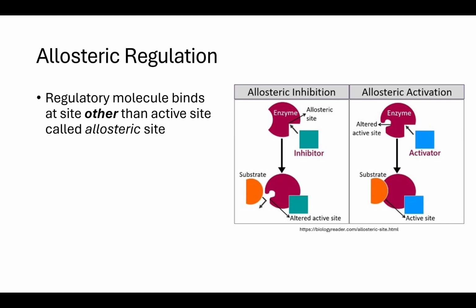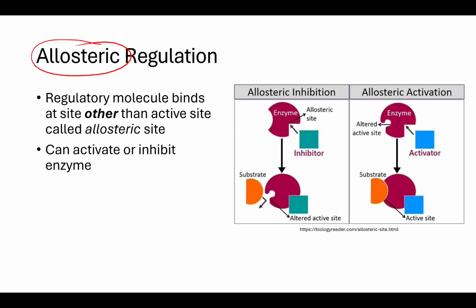And some of this regulation happens at the active site, like in the previous diagram, but some of it can also happen at a different site. This is called allosteric regulation, meaning it happens at a different spot. So it's not going to directly interact with the substrate or the active site. It'll be somewhere else. And you've got either activators or you've got inhibitors, which hopefully their names tell you what they do.